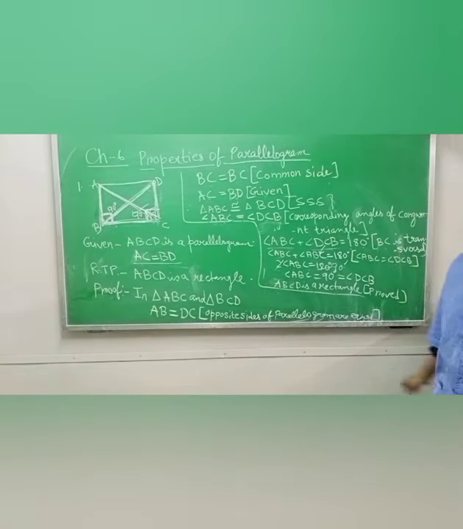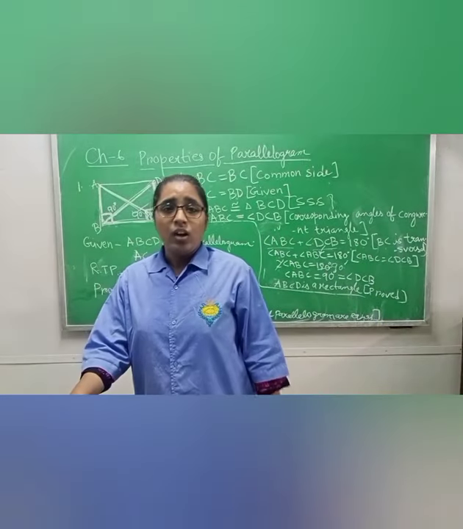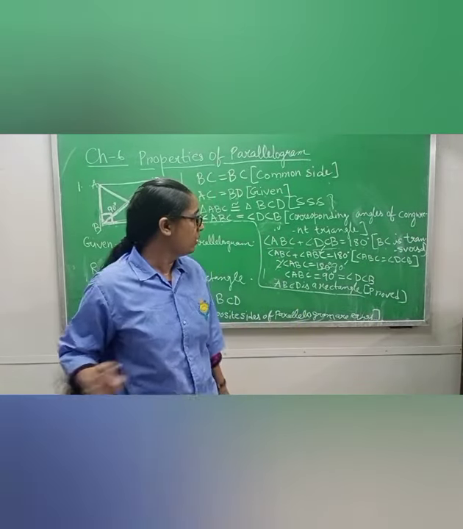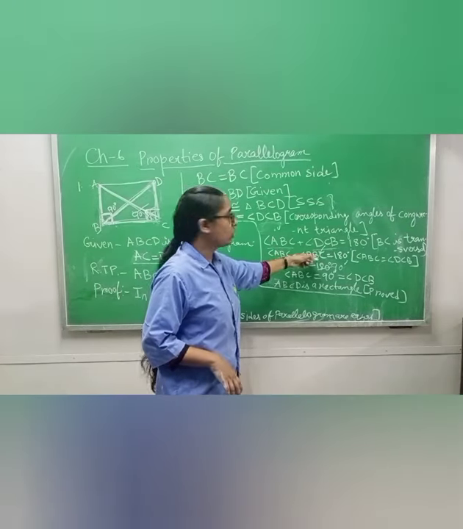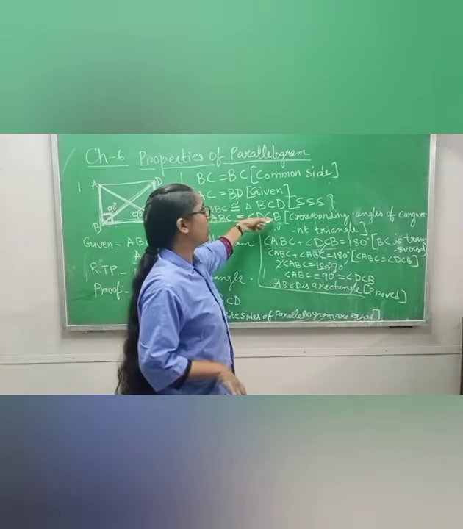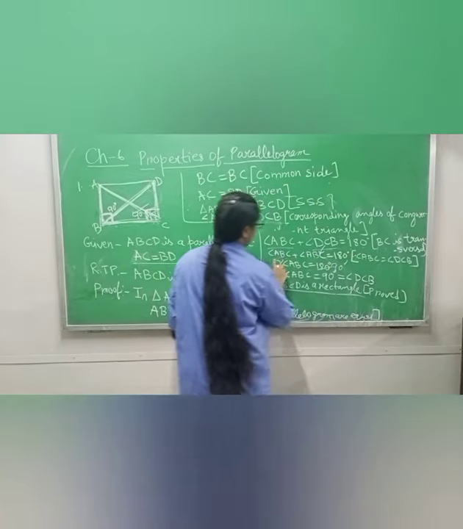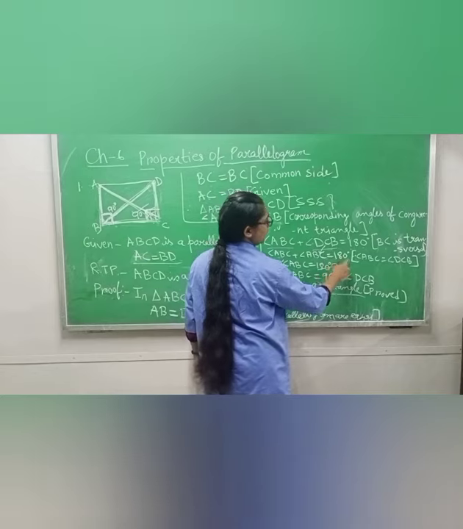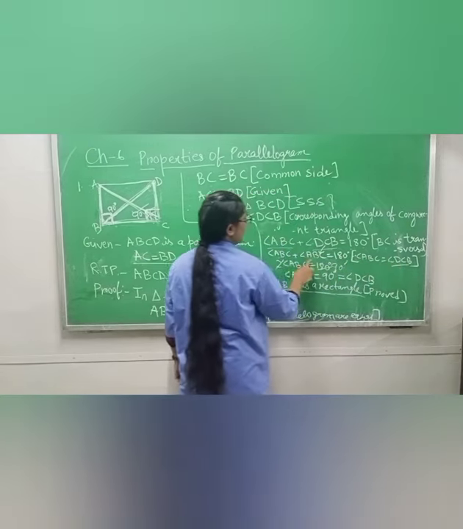And the reason is BC is a transversal. Transversal is the line in which two angles can be made. Okay. Now in place of DCB we can write ABC, from this one, corresponding angles of a congruent triangle. I have written the reason also that ABC plus ABC equals 180 degrees because ABC equals DCB. So in place of DCB I am writing ABC.